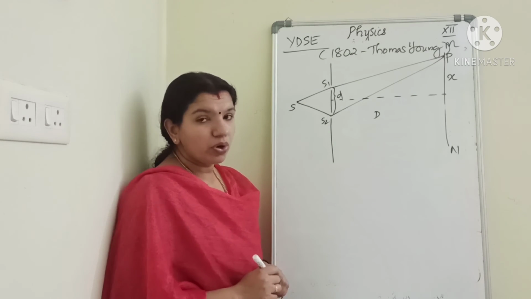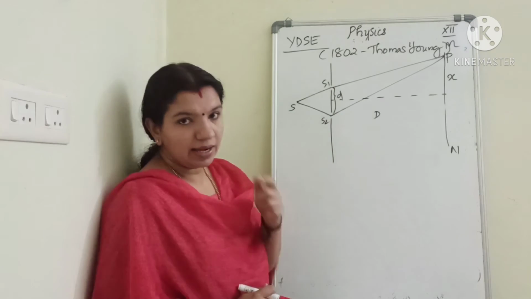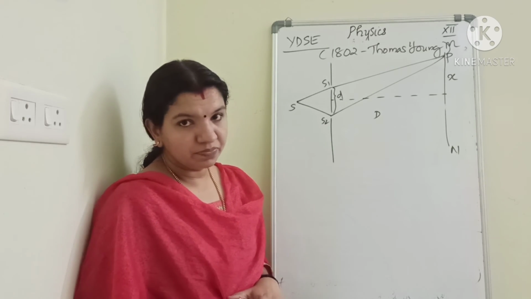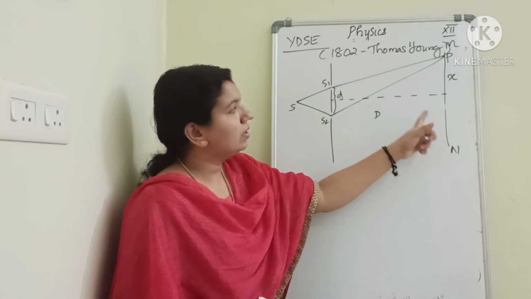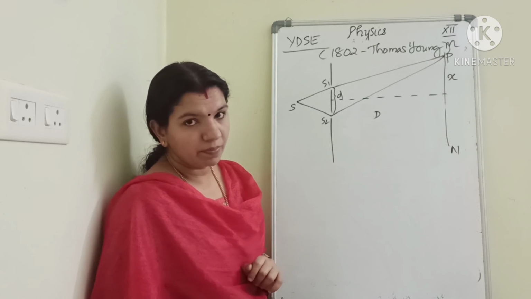Then there are two slits, S1 and S2, separated by a distance, small d. These slits are separated from a screen, Mn, by a distance, capital D.